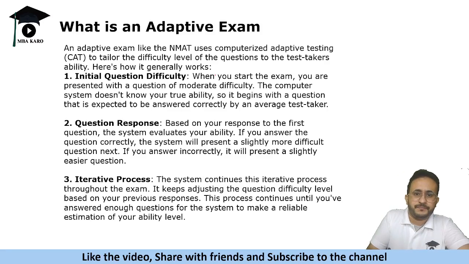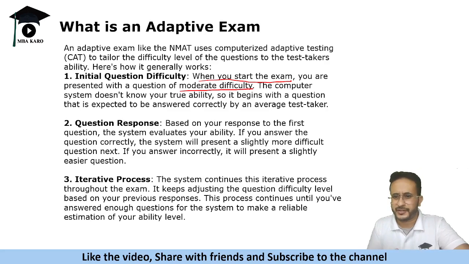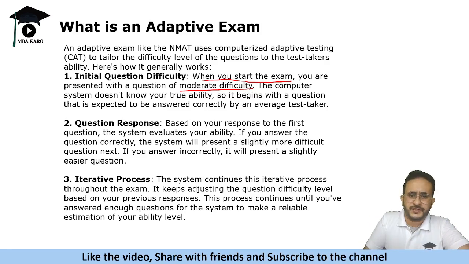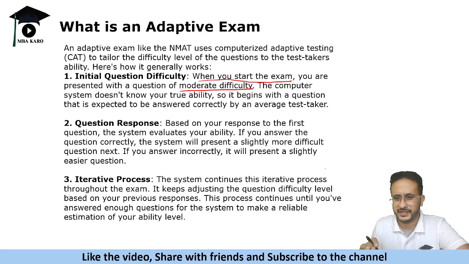Initially, when you start the examination, they give you something of moderate difficulty, because the computer does not know whether you are intelligent or not. So it begins with a normal question. Now, if your response is correct, it tests that okay, your ability is this.